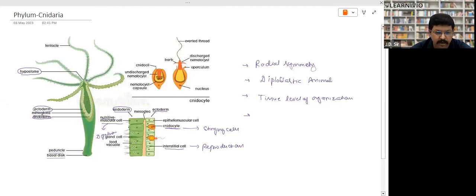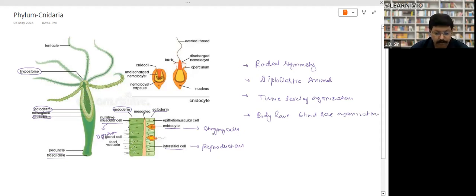There is a single opening, the hypostome, which is the mouth. So what kind of arrangement? The body has a blind sac organization. Why? There is no separate mouth and anus. There is a hypostome, right?